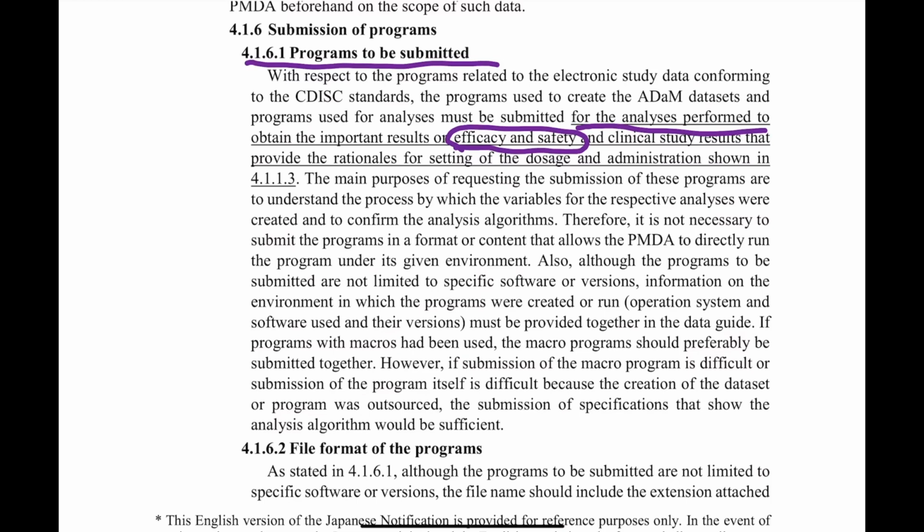Here is the difference from the US FDA. For the programs to be submitted to the FDA, usually it is the primary and secondary efficacy, but the PMDA wants both efficacy and safety. Okay, this is a big difference.